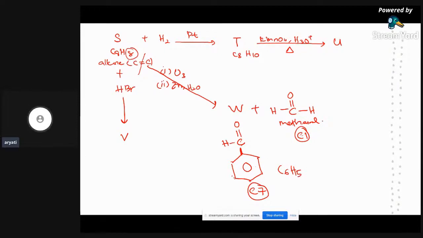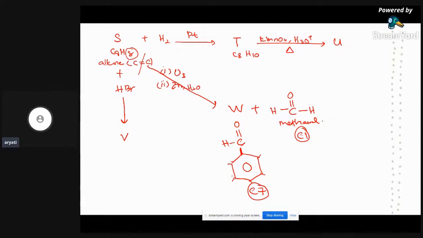Okay, terikat dengan satu karbon lagi, jadi C6 campur 1 jadi C7. H5, 1, 2, 3, 4, 5. So karbon kat sini terikat dengan satu H. Okay. H6 ada satu O, double bond O. So this is the structure for W. So kita lukis W dahulu.